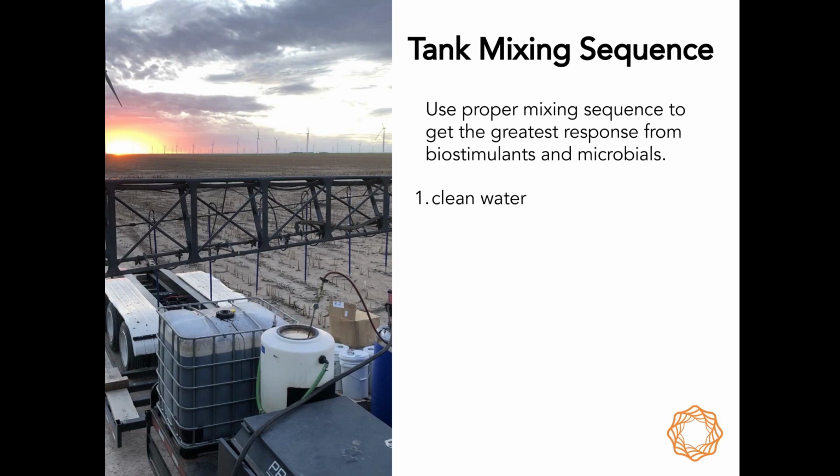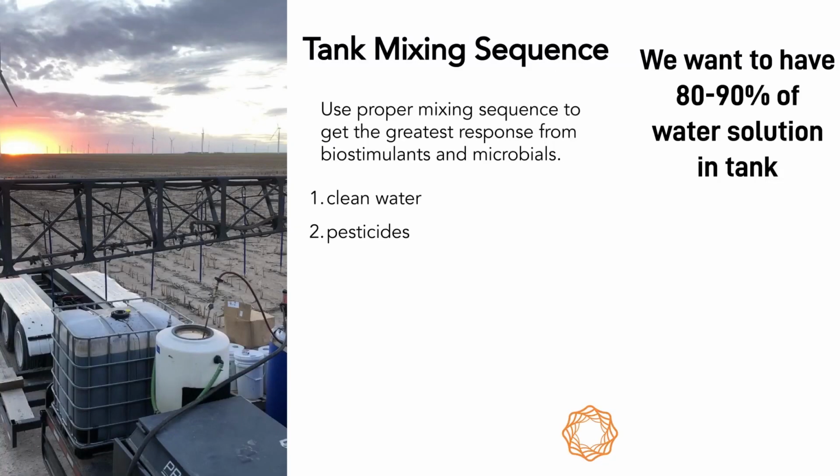Second, pesticides. If we are applying any synthetic pesticides or even some biocontrol products, those should be the second material in the tank. And we want to have our tank mostly full of water, 80 to 90% of the water solution in at this point before we then continue to add other nutrients or other products.